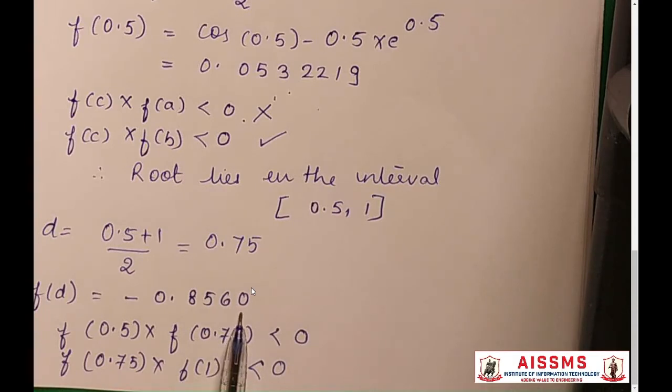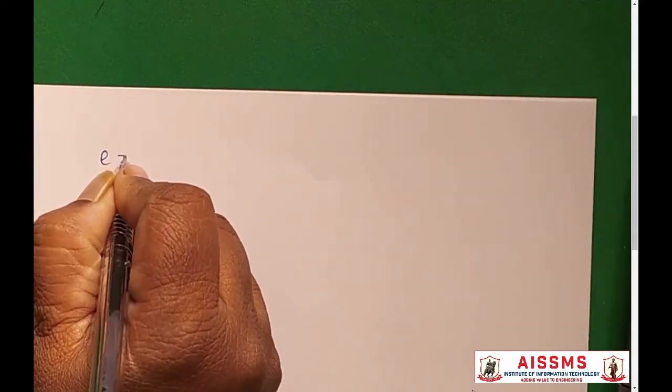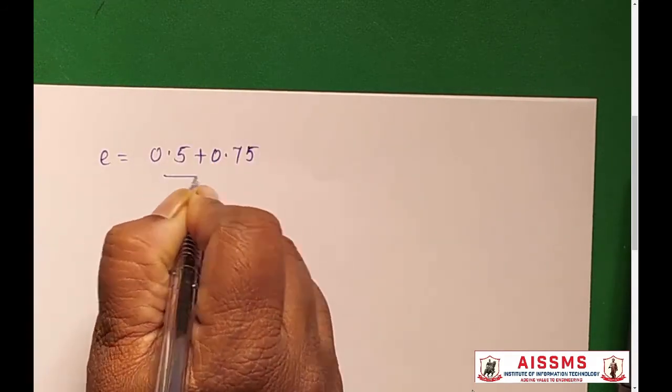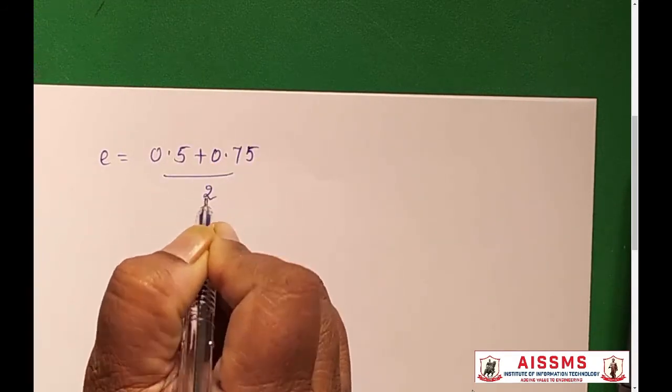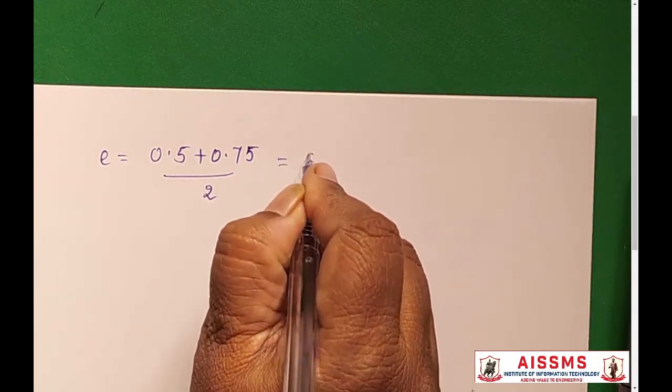Negative. So root lies in this interval 0.5 and 0.75. To get the next value, you will write E is equal to 0.5 plus 0.75 divided by 2, which comes out to be 0.625.